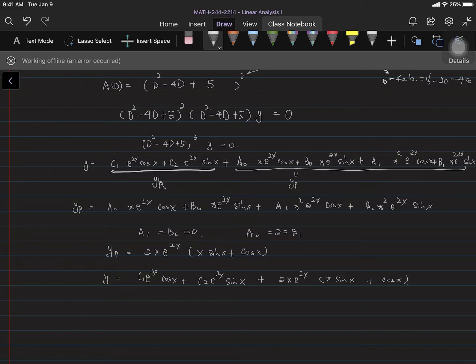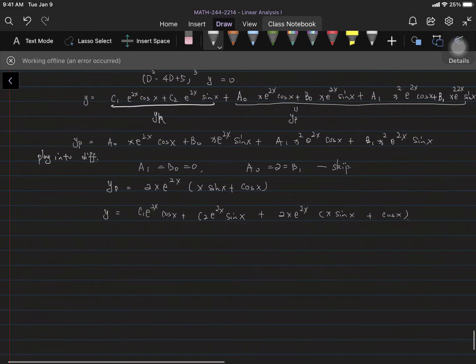Here we skip the calculation, but if we plug this into the original differential equation, we should get 4 equations with 4 unknowns, and we can use a matrix to solve those 4 unknowns. And this is it, example 5.